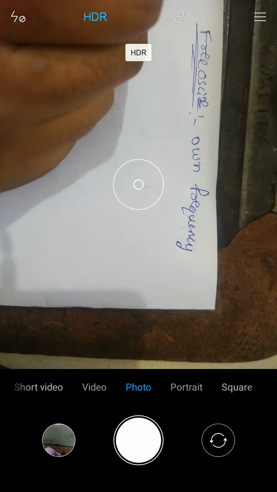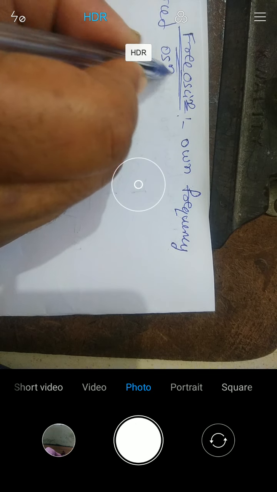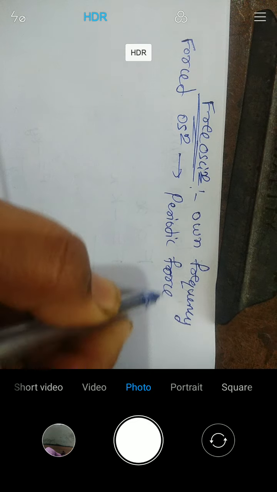Then what is meant by forced oscillation? If an object is subjected to a periodic force, it oscillates with the frequency of the periodic force.